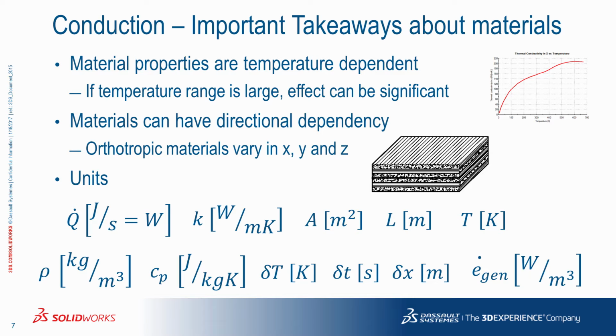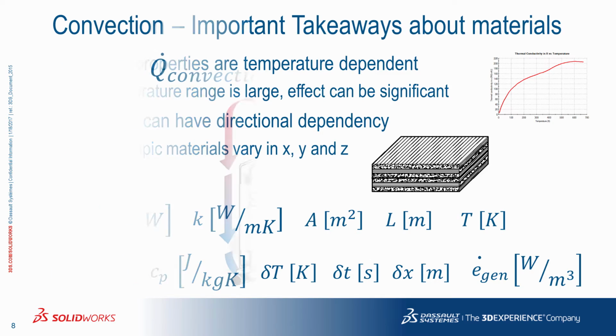Most of the time, you can assume materials have the same properties in the X, Y, and Z direction, but some engineered or composite materials can have directional dependency, where they vary in those 3 directions. So you also want to know how to define that within the software.